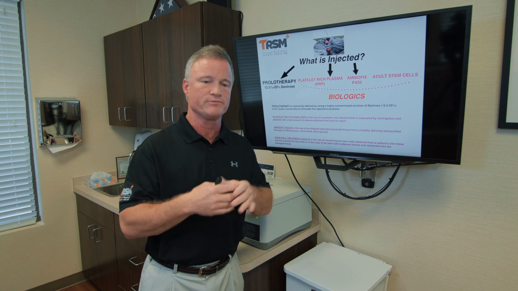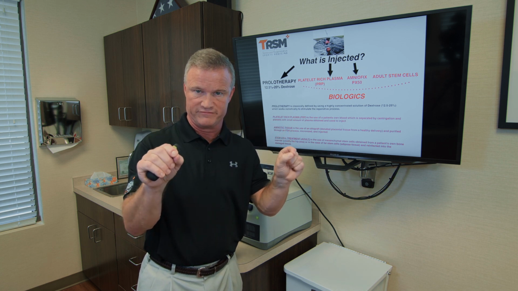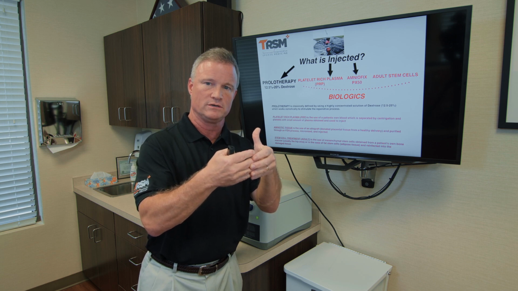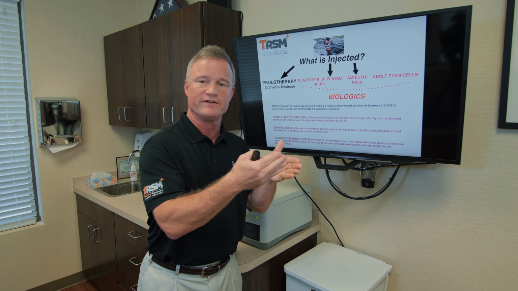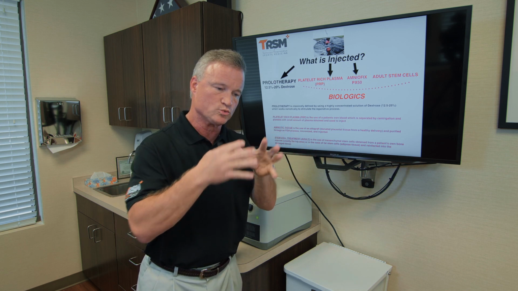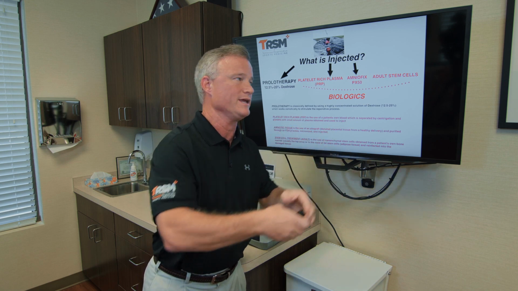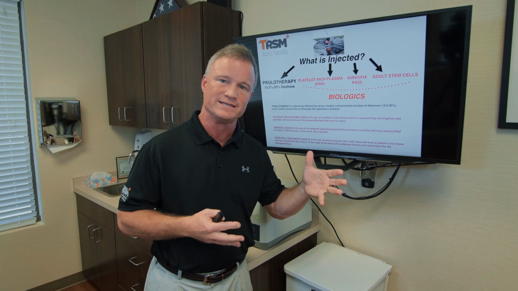And through an FDA purification process, they will just strip the amniotic membrane off and use that collagen to inject into tears and defects to help fill in the defect, and then the cells will hold on to that and will start replicating. If we look to the very far end of this slide, that is adult stem cells. And again, most of us in the orthopedic realm will use either bone marrow stem cells or fat stem cells.